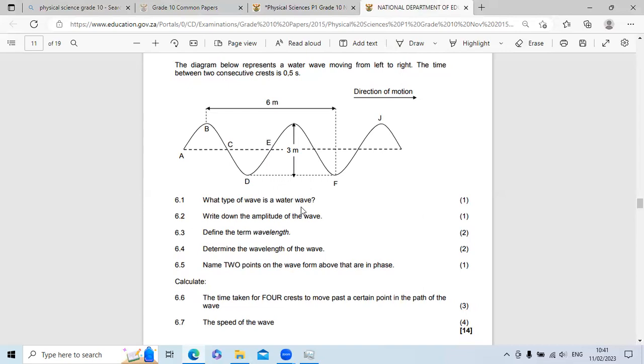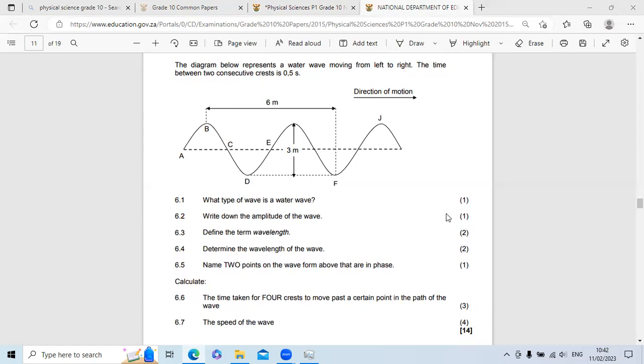Can you just try to tell me? You can just make a guess. You don't have to be right. The consecutive wave.